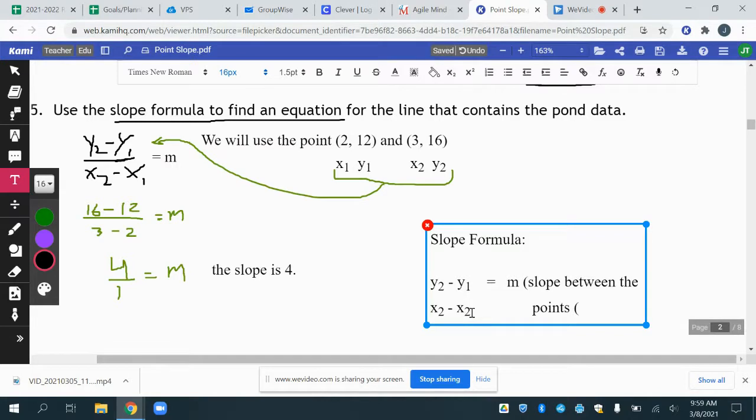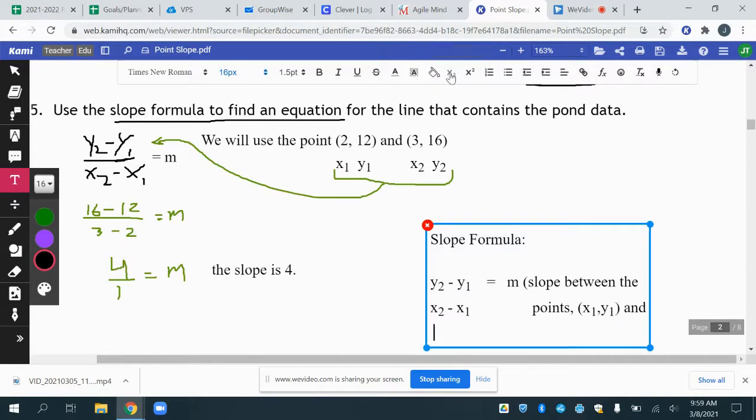So I should be at x1, sorry. x1, y1, parentheses, and x2, comma, y2, parentheses.